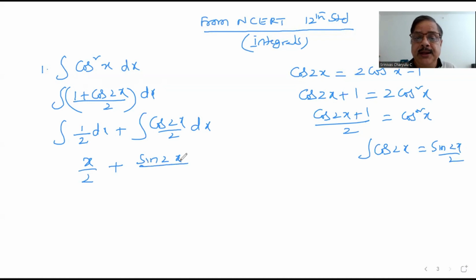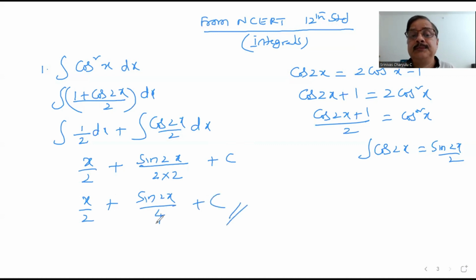So sin 2x by 2 with the 1 by 2 already there, the two 2s multiply with each other. Plus C, the constant. So we have to use this formula now. Trigonometric functions, this formula. Next sum.